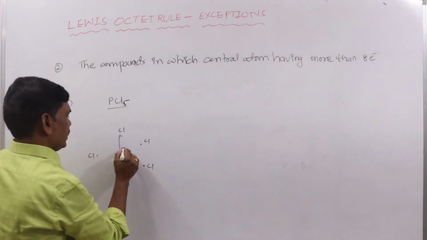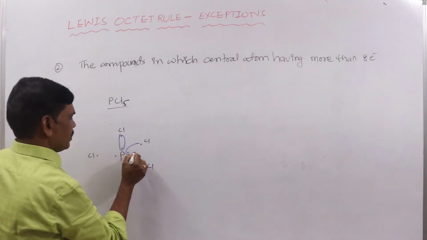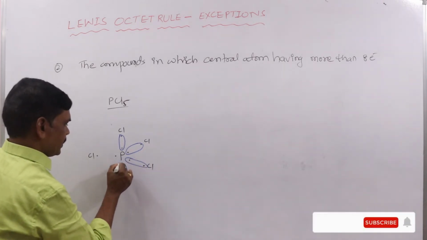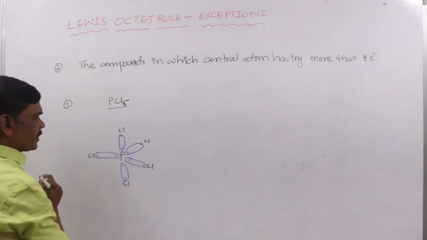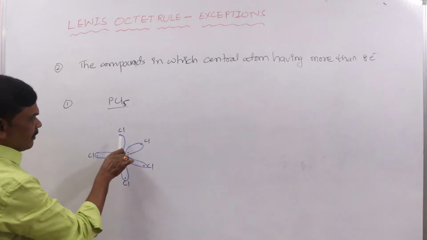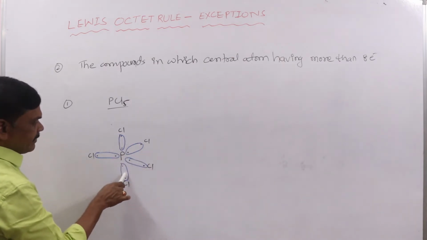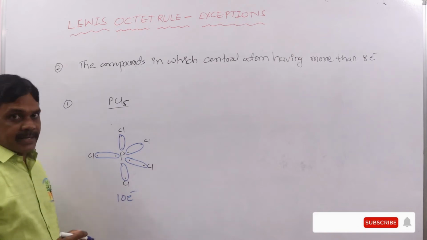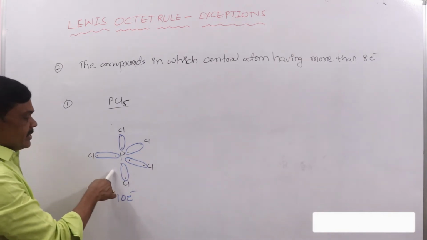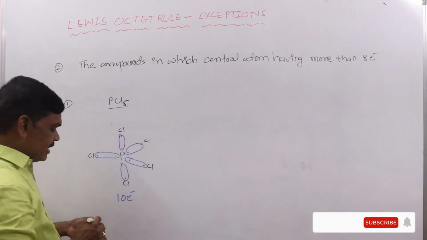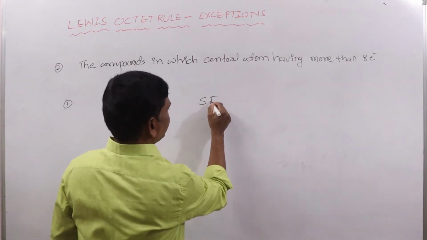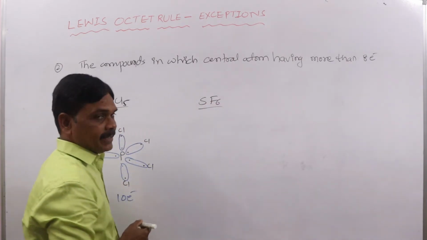So total 5 bonds around phosphorus. So 1, 2, 3, 4, 5, 6, 7, 8, 9, 10. So total how many electrons? 10 electrons are around phosphorus. So this is more than 8 electrons.